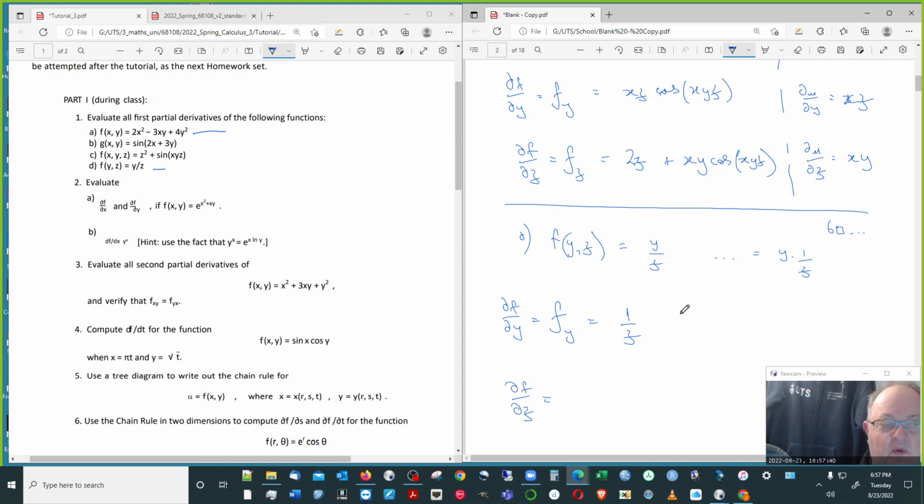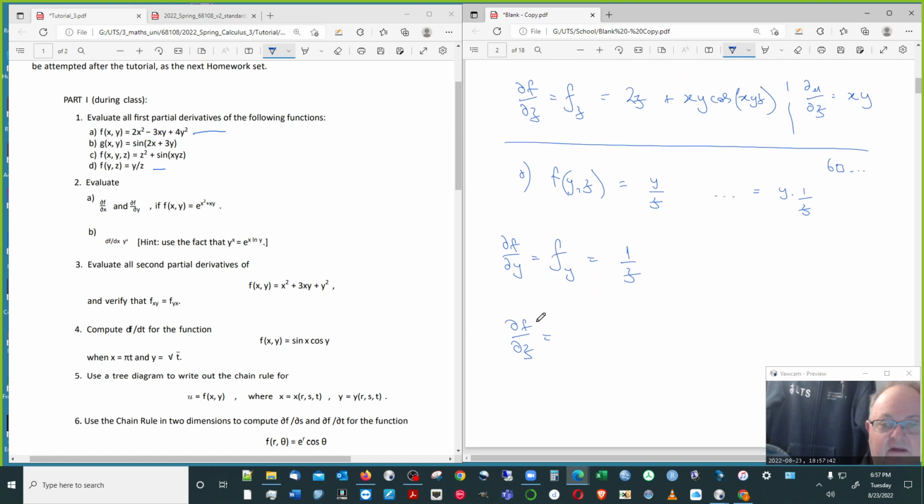It always gets a bit nervy, doesn't it, when it's that thing there. So with respect to z, we are going to deal with z, and y is a constant. So the y will remain. We'll process this as z to the minus 1. I'll separate it so it's obvious: minus 1 out the front, and I'm doing the differential.